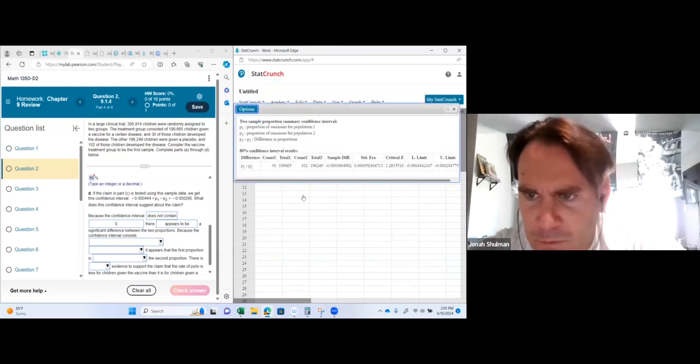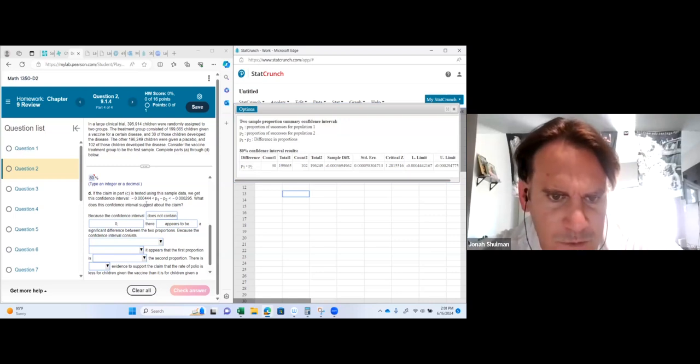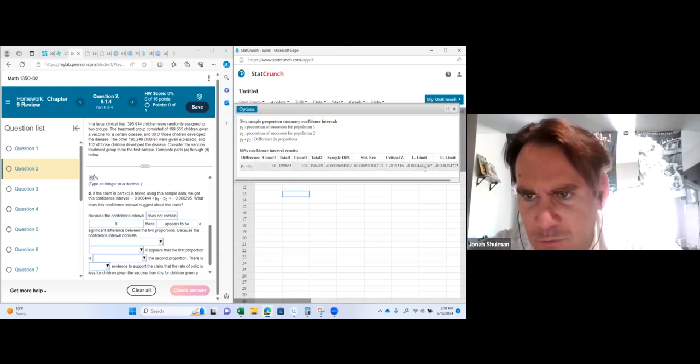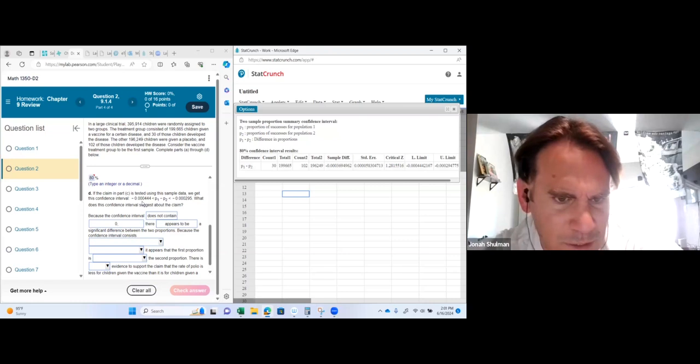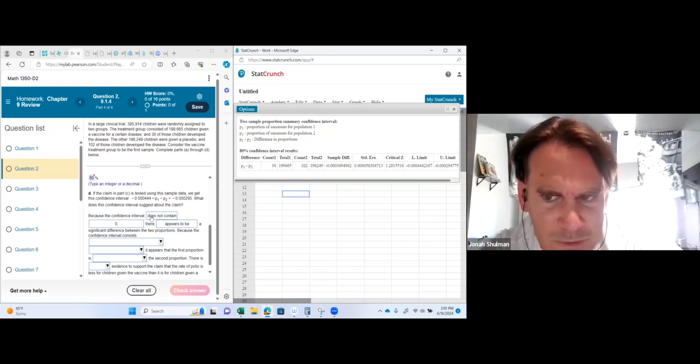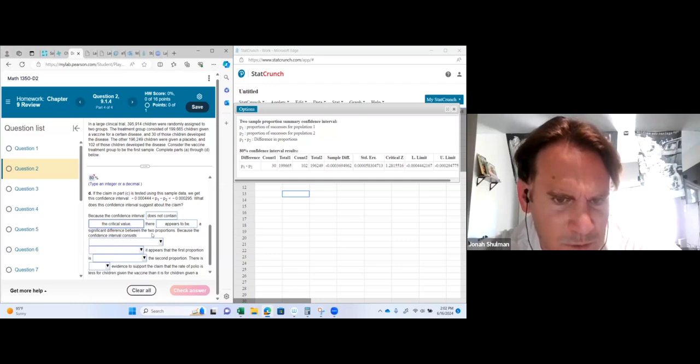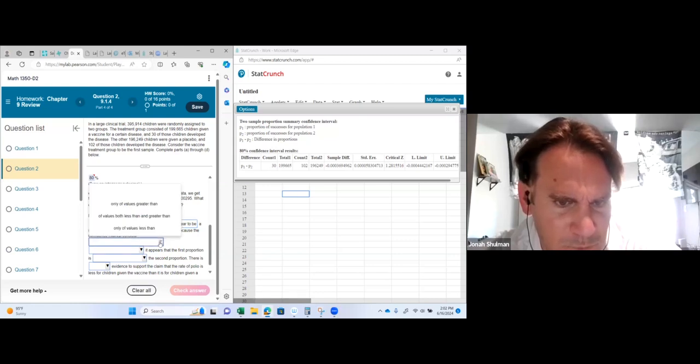All right, so it says the lower limit is negative 0.00444 and the upper limit is negative 0.00294. Our critical Z is 1.28. Because the confidence interval does not contain the critical value, there appears to be a significant difference. No, there does not appear to be a significant difference.